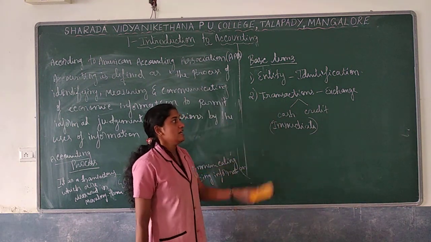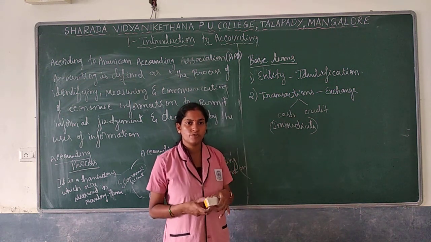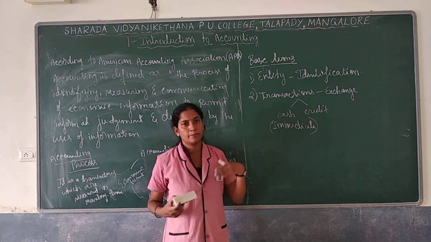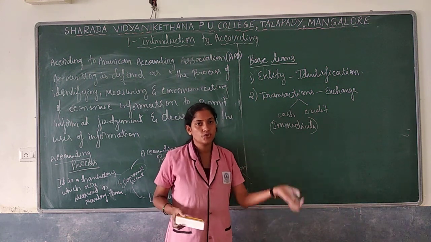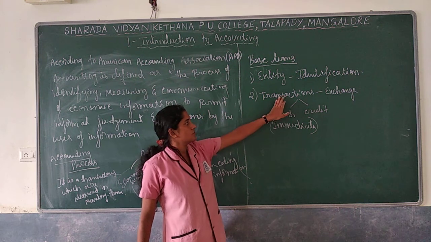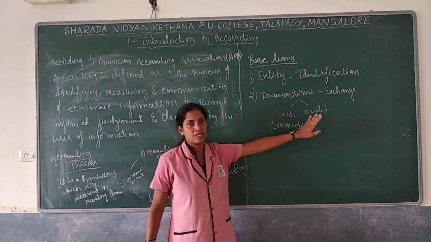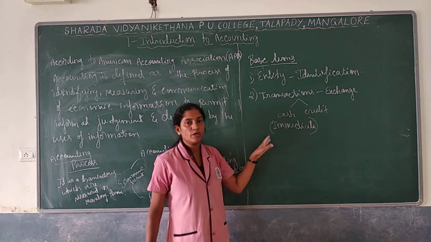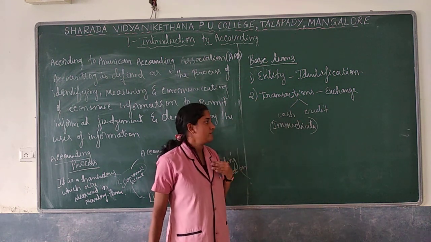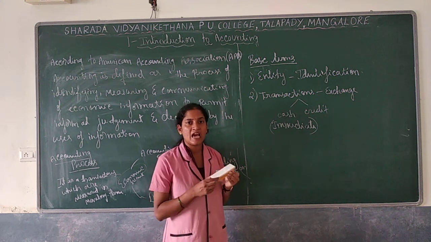So I repeat, a transaction is where goods are exchanged. For example, you purchase goods, you pay the money. You sell goods, you collect the money. That is a transaction. Under transaction there are two types, cash transaction as well as credit transaction. A cash transaction is where we pay immediate cash. You buy the goods and pay the cash immediately.